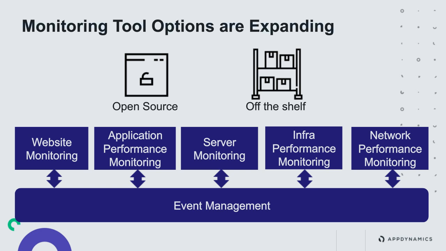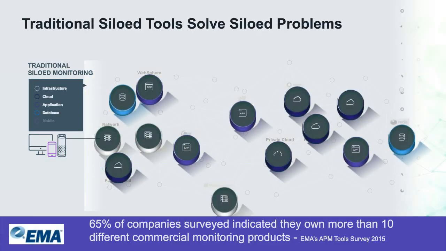And to give a little more context into this problem of multiple monitoring tools, a lot of these tools, as we've seen in the last slide, are siloed. And the problem is that siloed monitoring tools really only solve siloed problems.